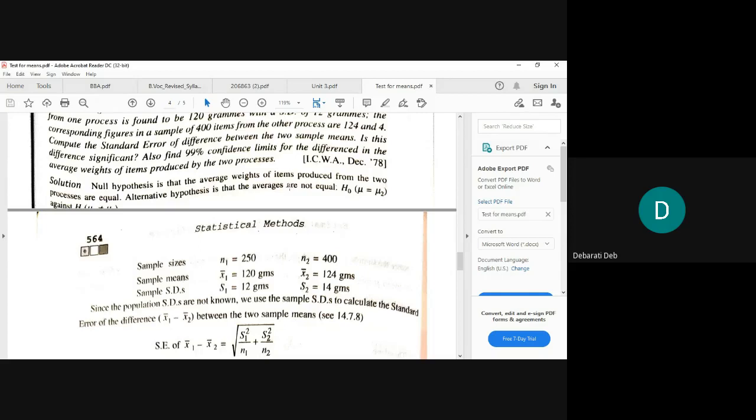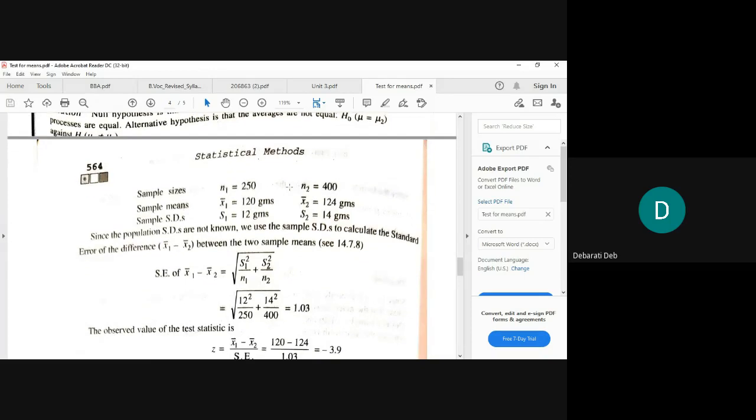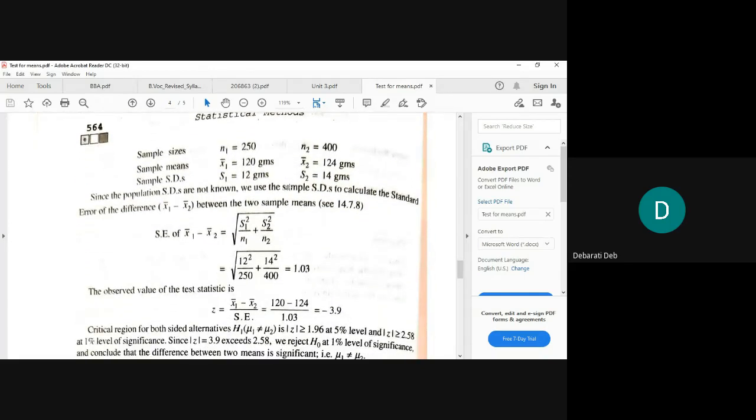H1 in bracket you will write mu1 not equals mu2. So H naught is mu1 equals mu2 and H1 is mu1 not equals mu2. Then you write this information. Sample sizes. You write down sample sizes.